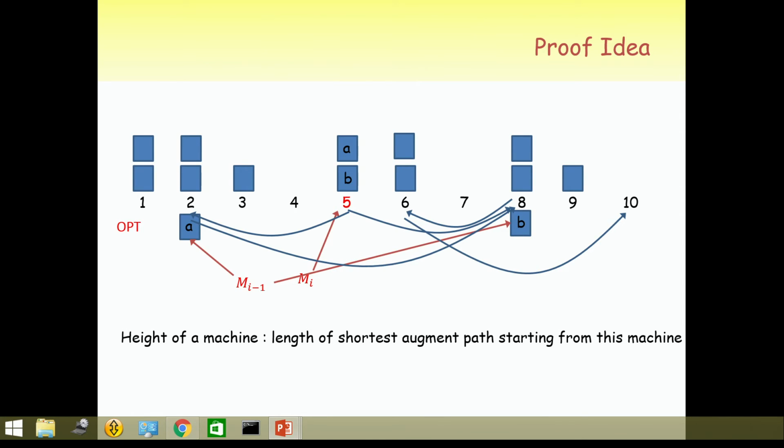So the height of a machine is defined as the length of the shortest augmenting path starting from this machine, and let m_i denote the number of machines whose height is i. Now, what I claim is that the size of m_i is exponentially small with respect to i. The number of machines of height i is at most the number of machines of height i minus 1 over 2, so it decreases exponentially.